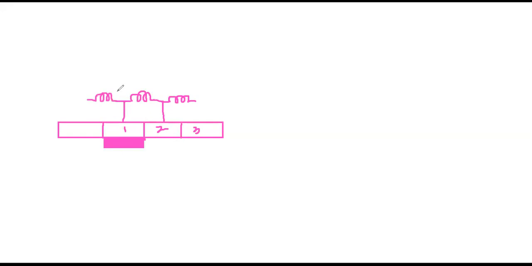Right. So this one is A, that is A phase, and this is for B phase, and this one is for C phase, right?